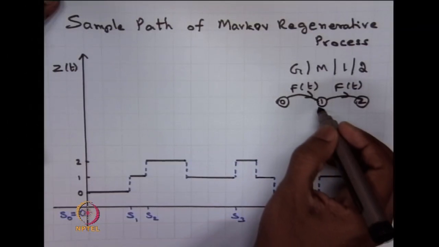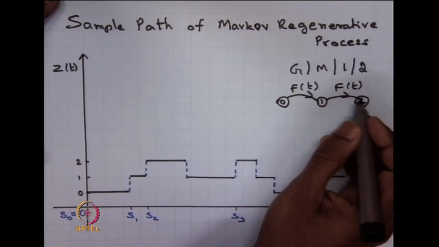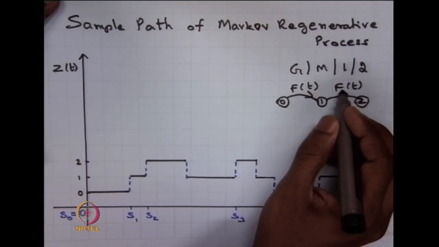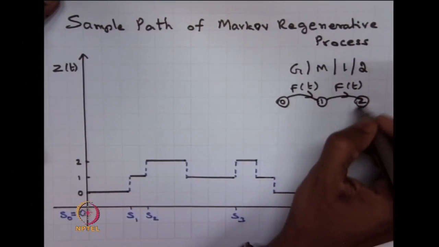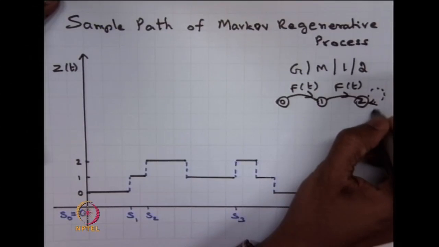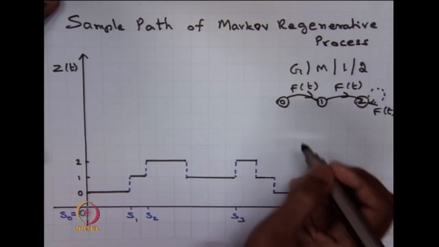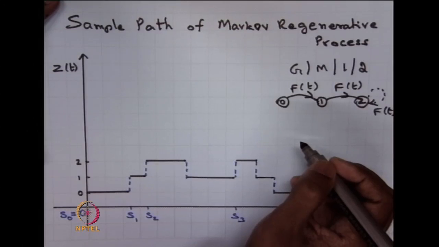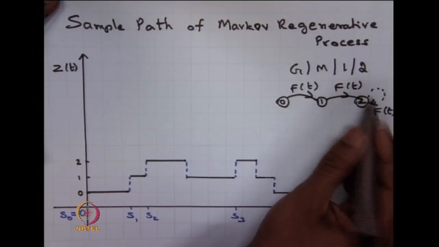The system spends time in state 1 before moving into state 2; the CDF will be f of t. Because the capacity of the system is 2, an arrival can still come, but the system will be in state 2 again.